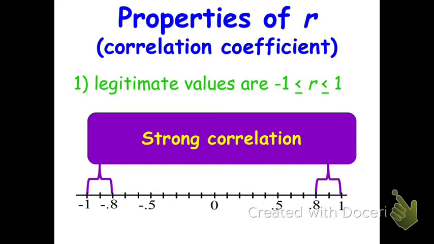So if you plotted the ages of both of them, they would make a perfect correlation. And if you had 1, then that would mean that every single dot goes through your LSRL, or your line of best fit. So if you could draw a line, it would go through every single point. That would be a perfect correlation. That was a good question.